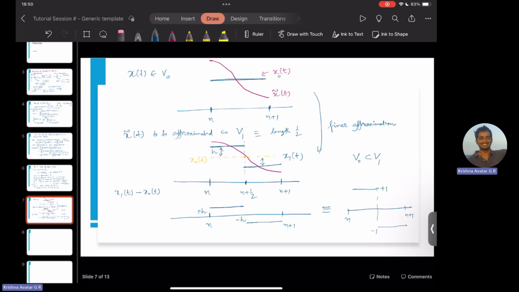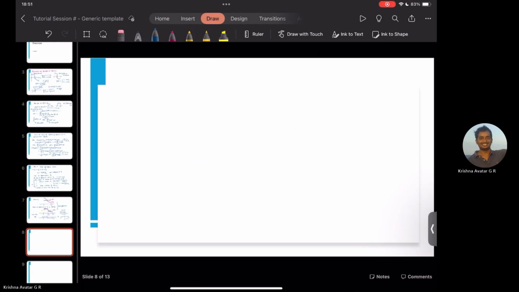Just scale it by h, and behold, you have the basis for the difference between the approximation in these two spaces. And that forms the very central idea of what we do. So this is the basis of what we call multi-resolution analysis.